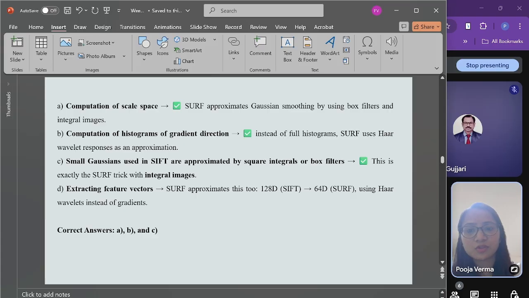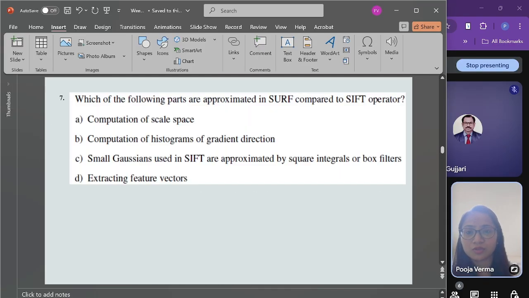For feature vectors, SURF approximates SIFT's 128 dimensions by using 64 dimensions, using Haar wavelets instead of gradients. But A, B, and C are the most appropriate and correct answers. D is not chosen as a correct option because, for extracting the feature vectors, they have written only that; if they had rewritten it using Haar wavelets or some other parameter, that could be a correct answer.